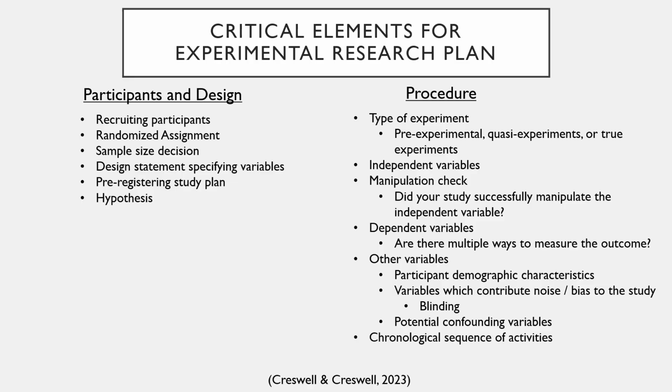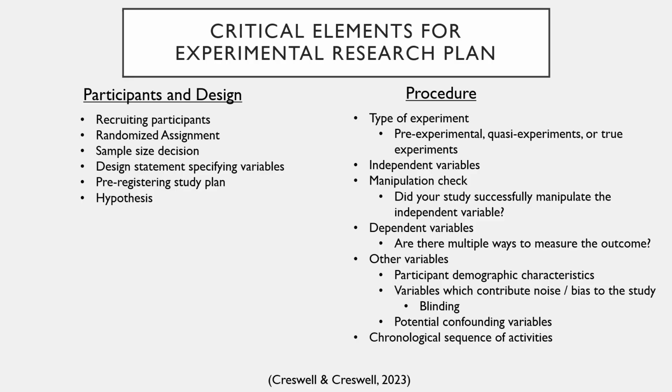And then you also want to include if you're going to have variables that contribute to noise or bias to the study. For example, like during different parts of the day, maybe self-esteem levels rise or fall. And so maybe you would need to measure and record self-esteem levels at a specific time of day to avoid that.